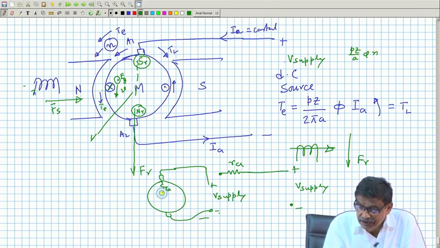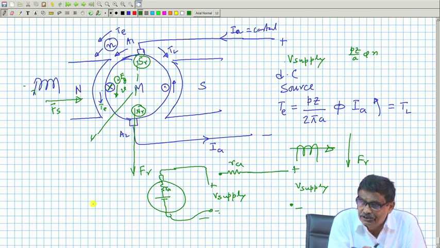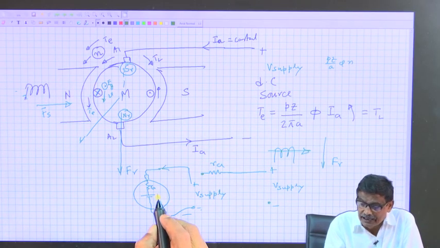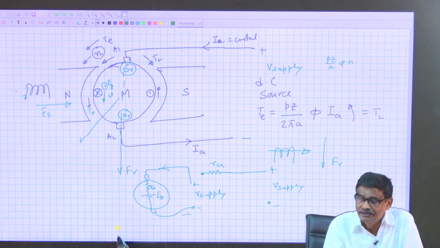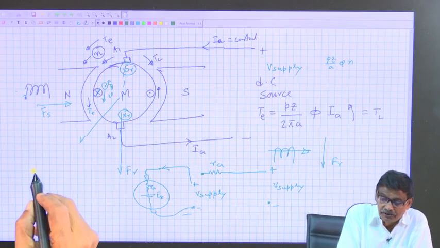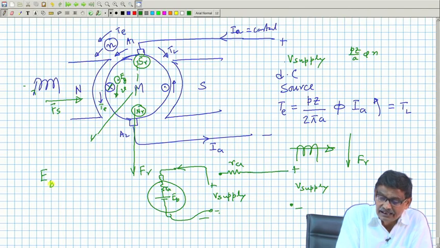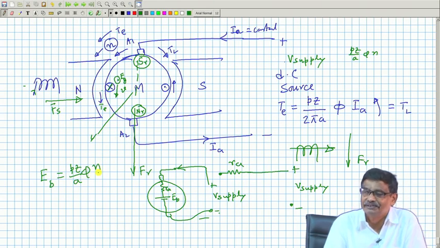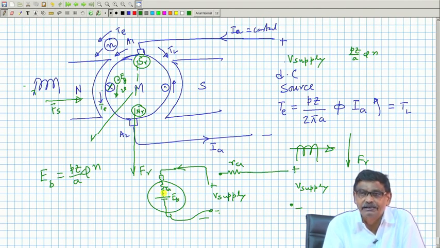Between these 2 points across the armature, there is an EMF which is in opposition to the current flow, and that EMF is back EMF EB, which is nothing but generated voltage, P z by A into phi into N. So, this is the equivalent circuit of the armature in motor mode.